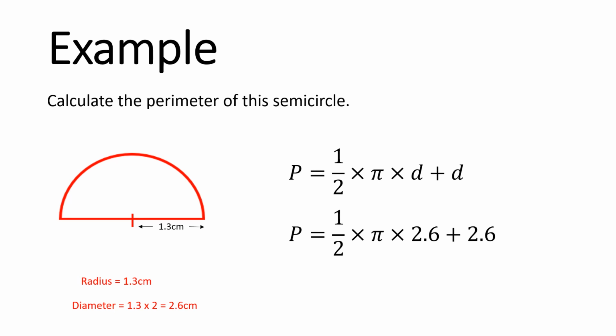And we will have perimeter equals half times pi times 2.6 plus 2.6. And if you type that into your calculator, you will find that the perimeter equals 6.68 centimetres.